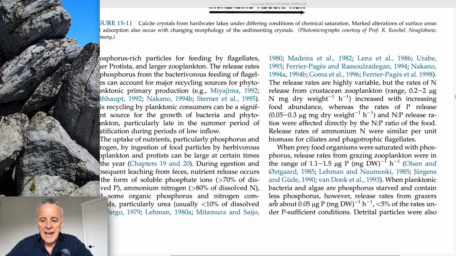The release rates are highly variable, but the rates of nitrogen released from crustacean zooplankton range between 0.2 and 2 micrograms of nitrogen per milligram of dry weight per hour, increasing with increasing food abundance, whereas the rate of phosphorus release is 0.5 to 0.3 micrograms per milligram dry weight per hour, and nitrogen to phosphorus release ratios were affected directly by the nitrogen to phosphorus ratio of the food.